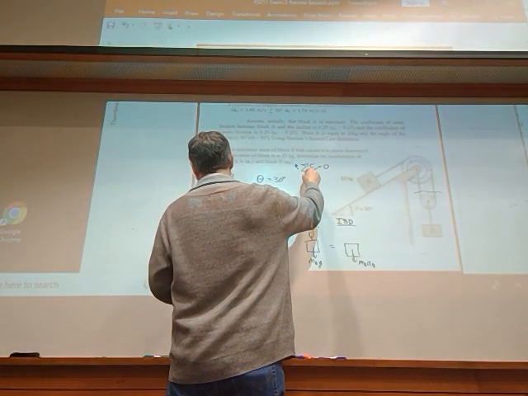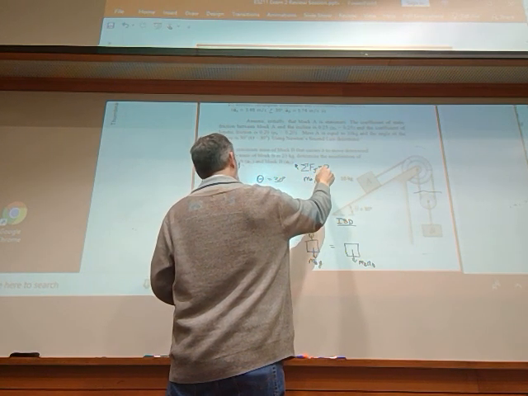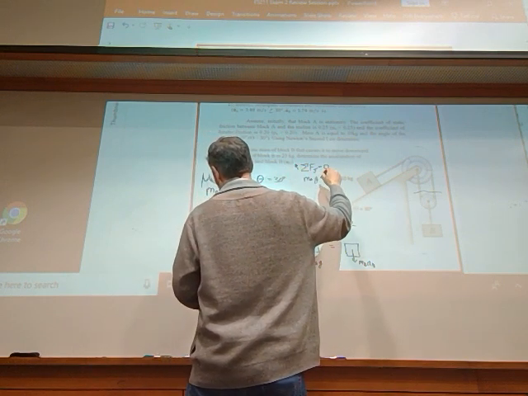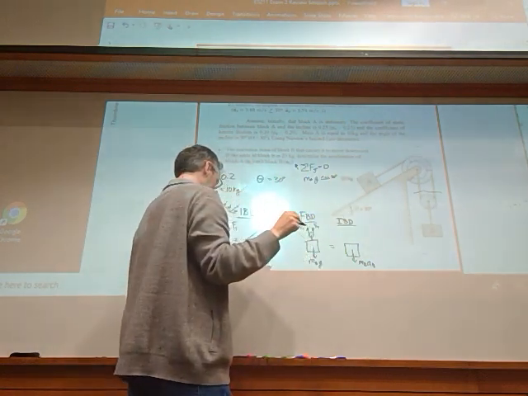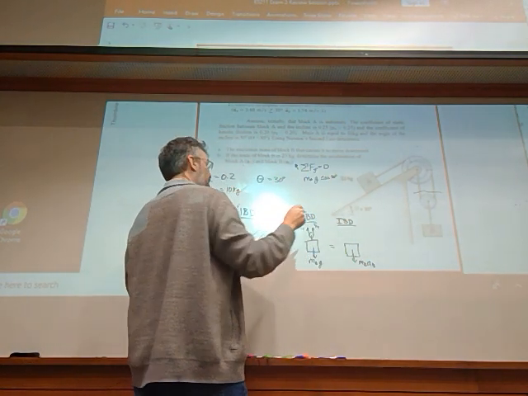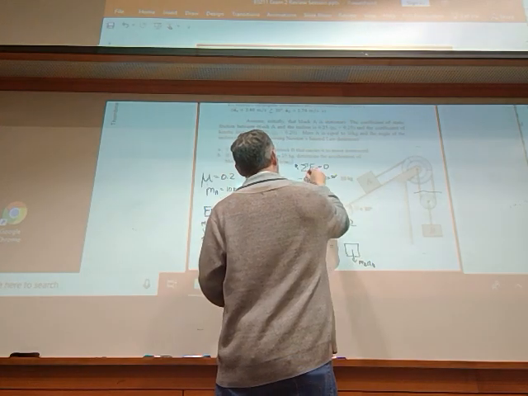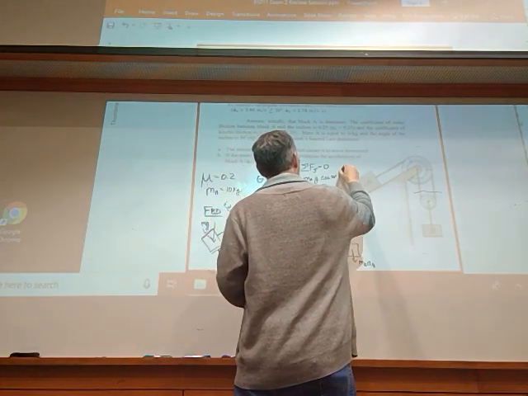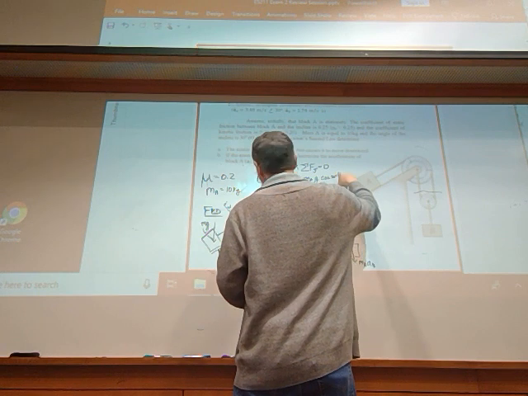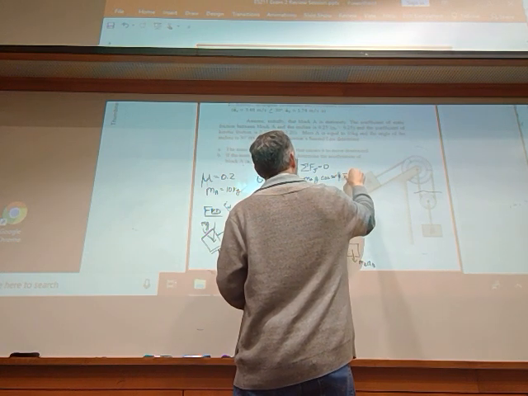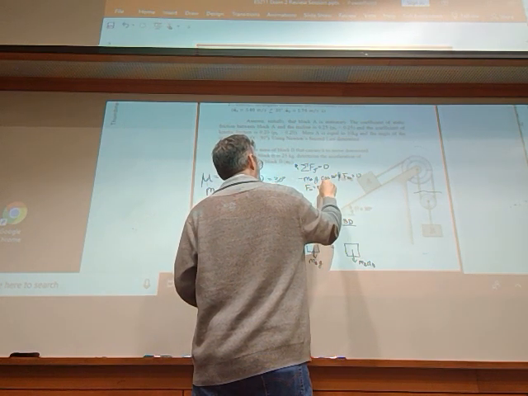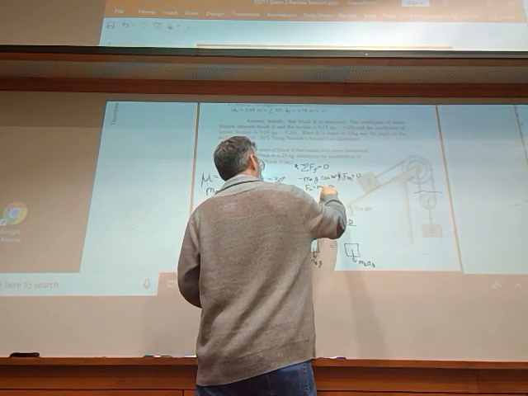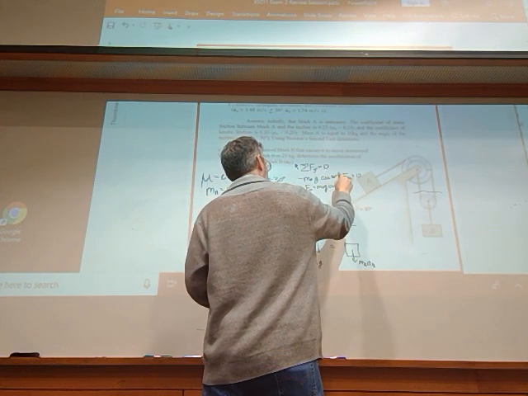And so we're going to have mass A, gravity, times the cosine of 30 degrees, and it's going to be negative there, plus Fn equal to 0. So Fn is equal to m_A g cosine of 30 degrees.